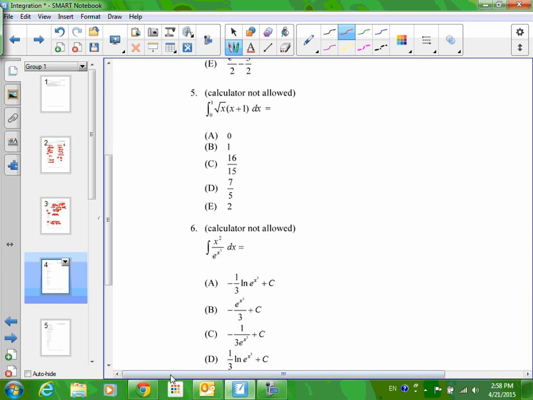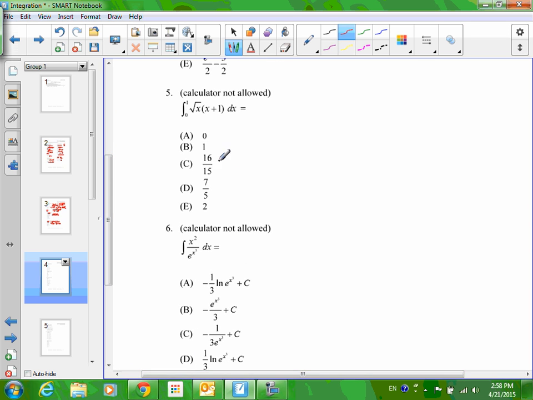Okay, number 5. This is another problem where if you try to use substitution, you kind of get mixed up. But I can distribute right there. What would the power on x be when you take square root of x and multiply it to x? 3/2. How did you get 3/2? You added 1/2 to 1.